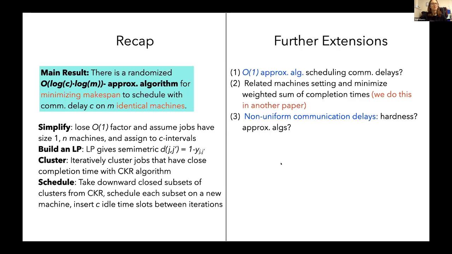But then at least with our techniques, you immediately have multiple metrics that you're working with on the set of jobs. So you're trying to find clusterings that are good with respect to multiple metrics. You can write down LPs that make sense, but it's not clear that those LPs are useful for any rounding algorithms that we know right now.